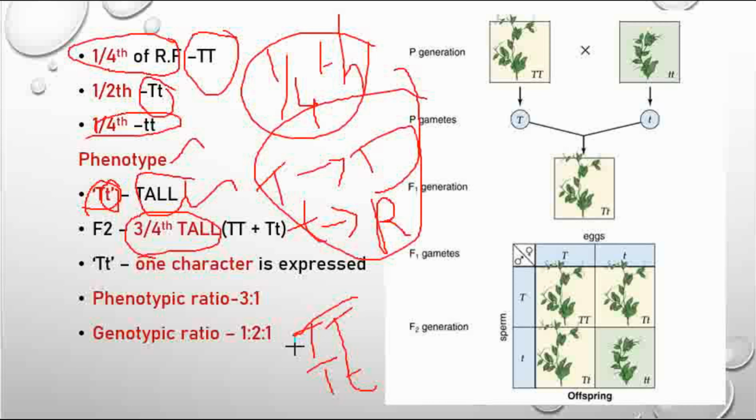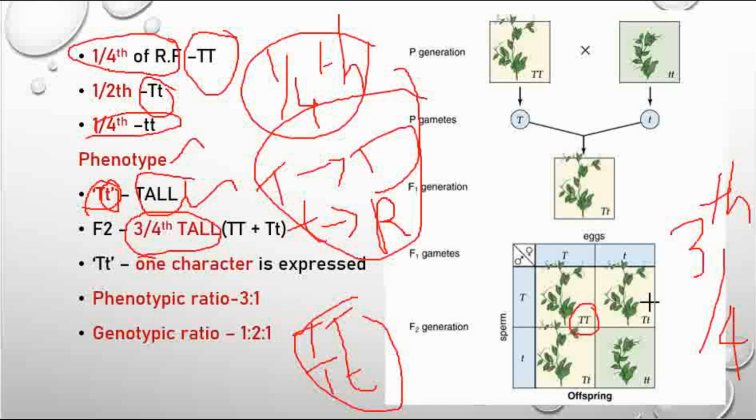As I already said, இது dominate பண்ணுறதுனால அதுவும் tallஆக தான் இருக்குது. So இந்த F2 இதில் 3/4 is tall. So here this genotype is also tall. So they say it as 3/4.